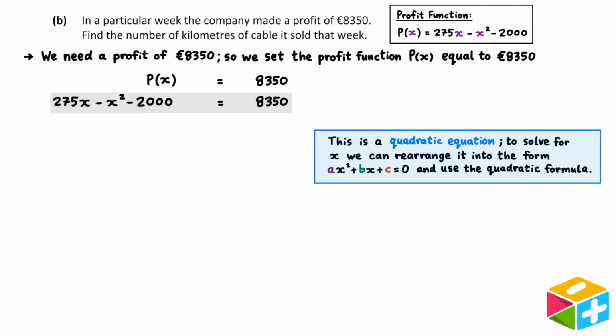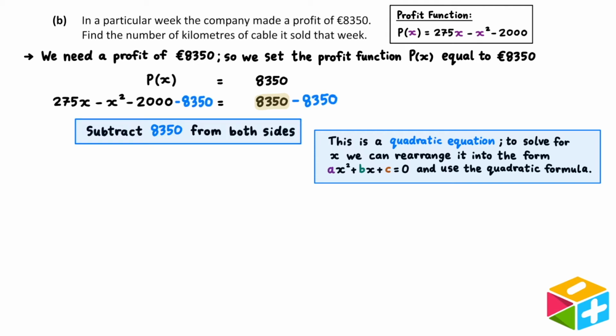In other words, we should group all the terms on one side and leave a 0 on the other side. The easiest way to do this is to remove the plus 8,350 from the right-hand side. The inverse of addition is subtraction, so to remove this we should subtract 8,350 from both sides.